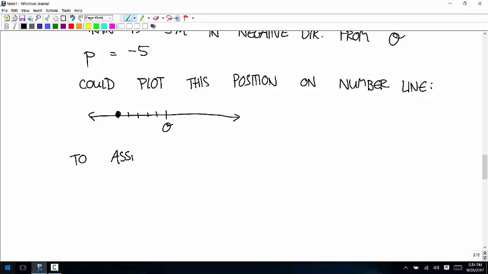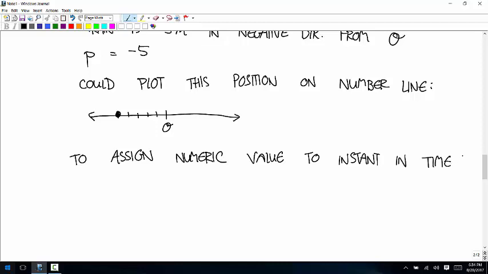So now to assign a numeric value to an instant in time, you need to choose an instant in time that we're going to call 0.